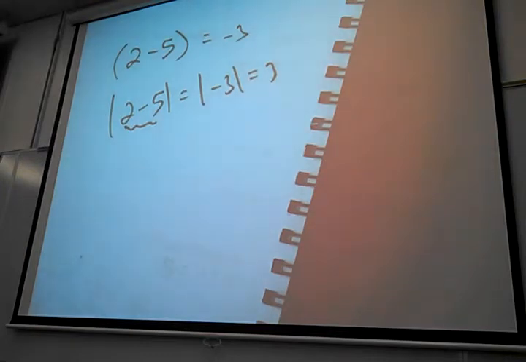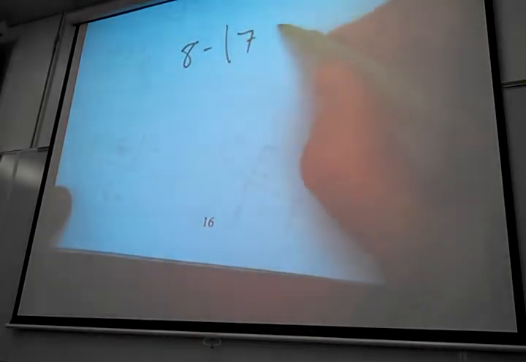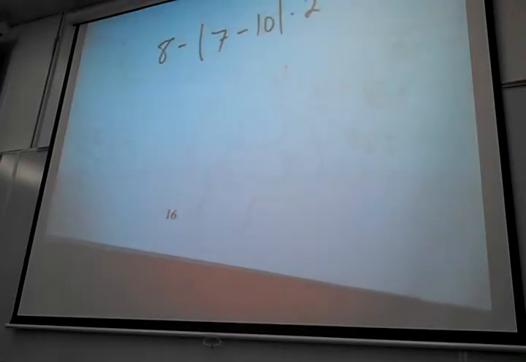Is there a problem where the absolute value is in the middle of something else going on? Of course there is. If I had something like this, we have to do the absolute value first.